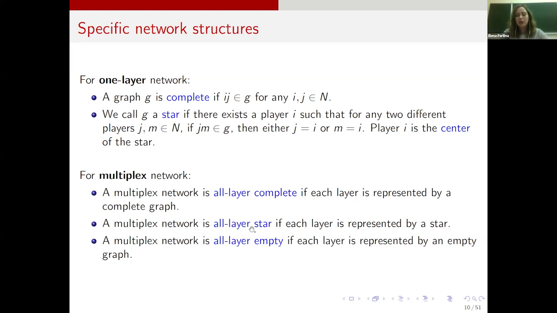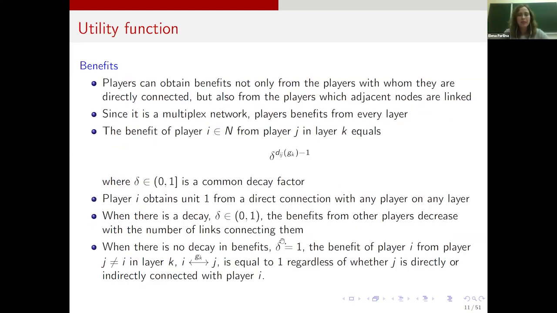Here I need to mention that in our results we have two types of multiplex networks: the all-star network with the same center in all layers, and the all-layer star network with different centers in the layers. A multiplex network is called all-layer empty if it is represented by an empty graph in all layers.